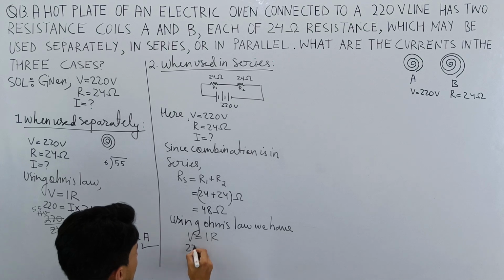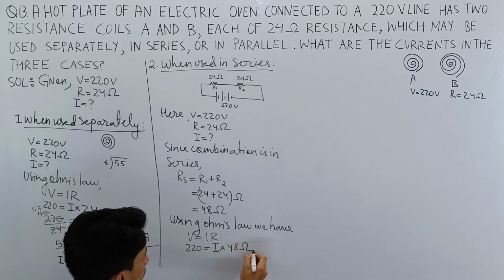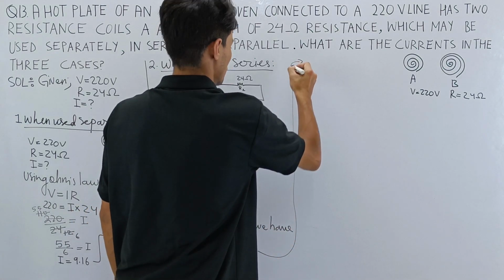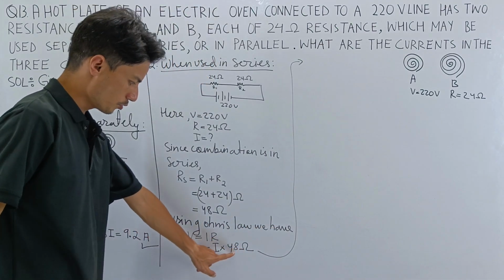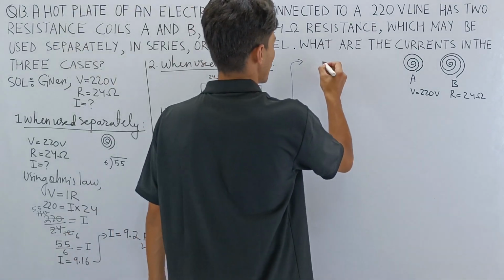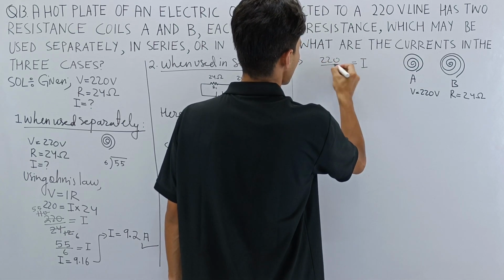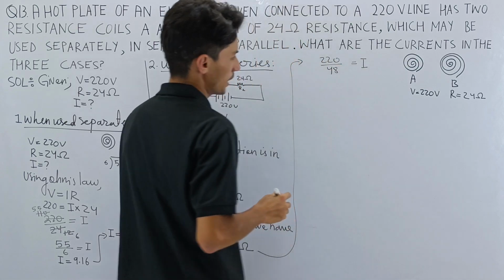V value is 220 volt. Current we're supposed to find. Resistance, we'll be using this one. So I will be here, 220 is here, and 48 will come below that.